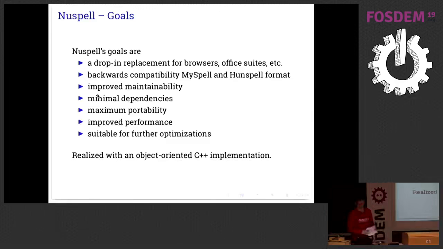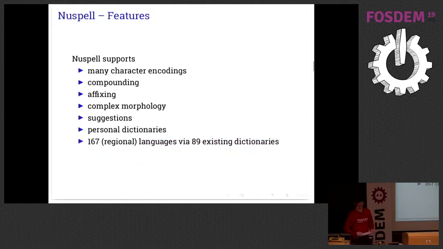So what sort of features does such a spell checker have? A lot of character encodings have to be supported. Most software works with UTF-8 Unicode, but there's a lot of ancient stuff around which also needs to be supported. Compounding and affixing depend a lot on the language you use, whether that's important or not.